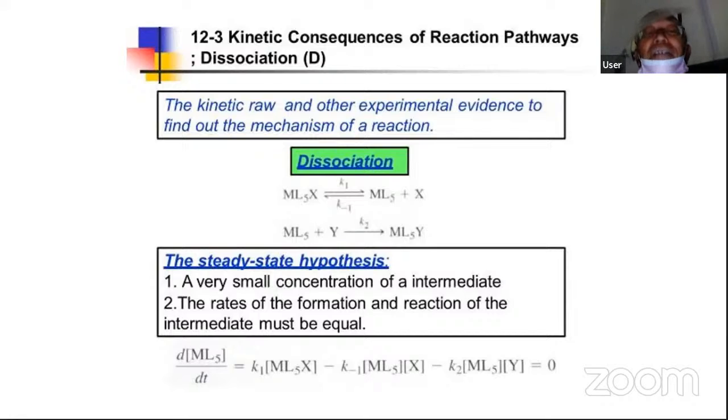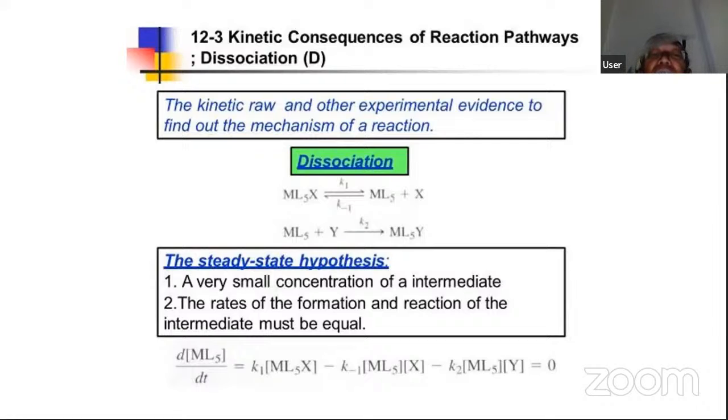This is a scheme, and from this scheme you can work out the rate law. The actual rate law you have to determine from experiment. Now you have a reaction scheme that involves equilibrium, so you have a rate constant to the right and a rate constant to the left.